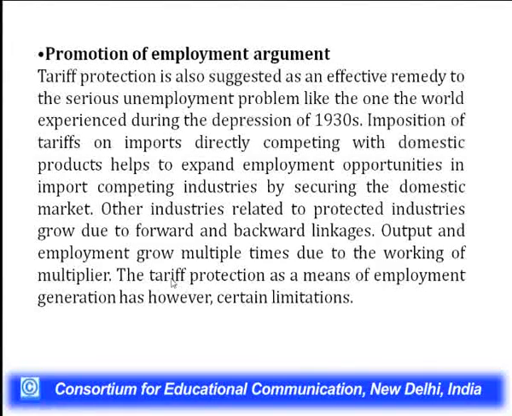The tariff protection as a means of employment generation has, however, certain limitations.